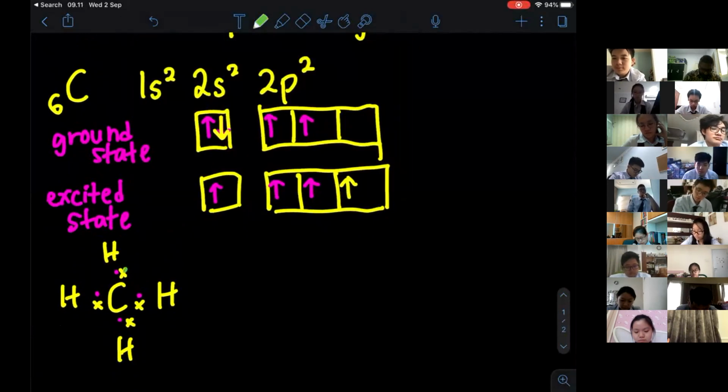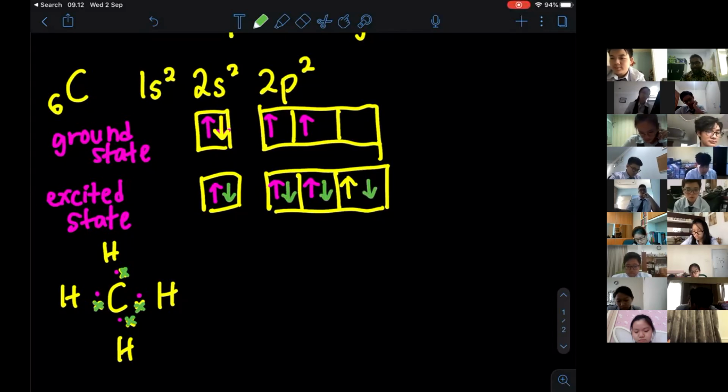If I change to green over here, one of the electrons can come over here, one here, one here, and one here. It means I am utilizing the 1s orbital and also the 3p orbitals.